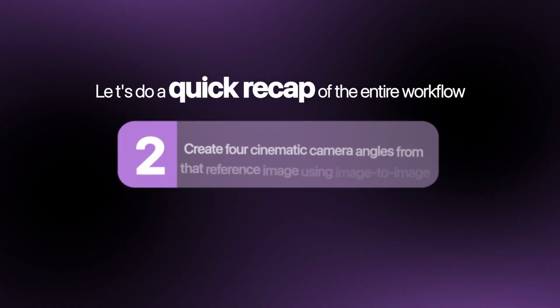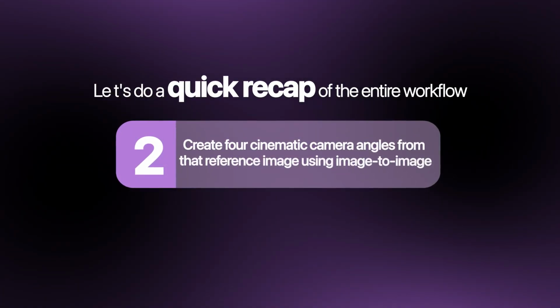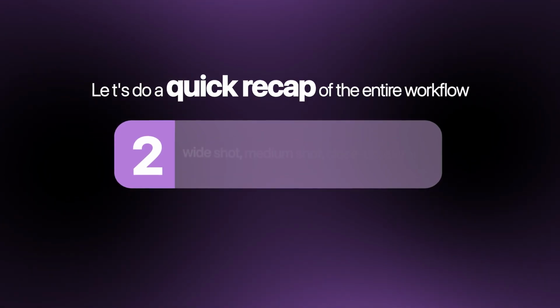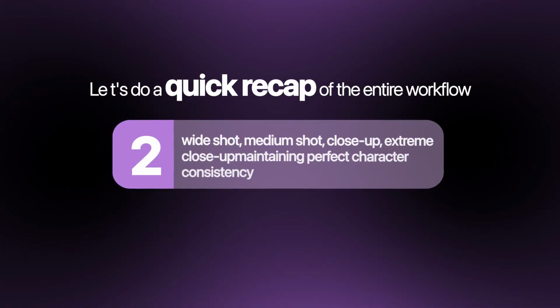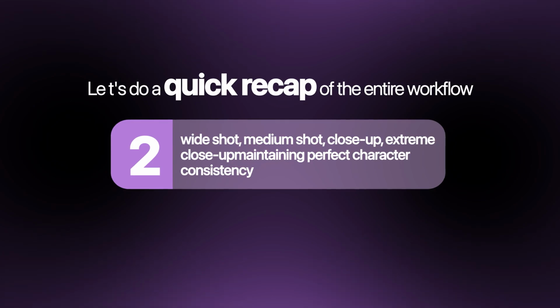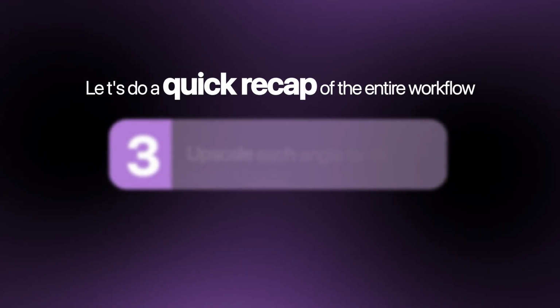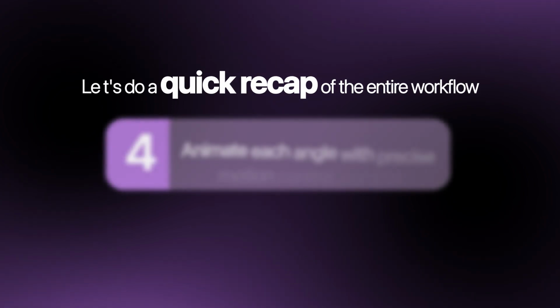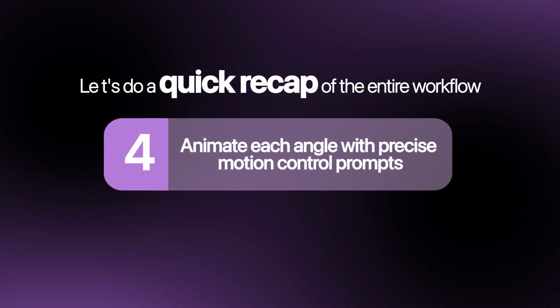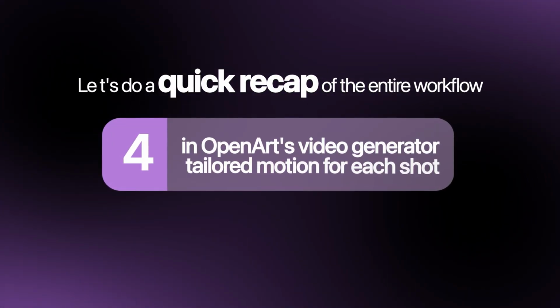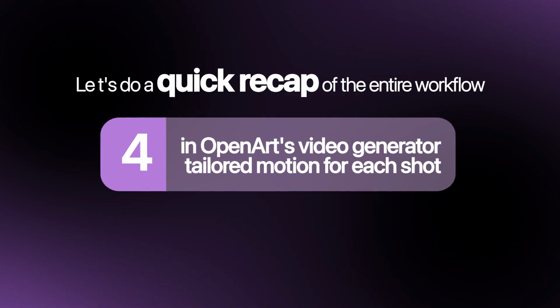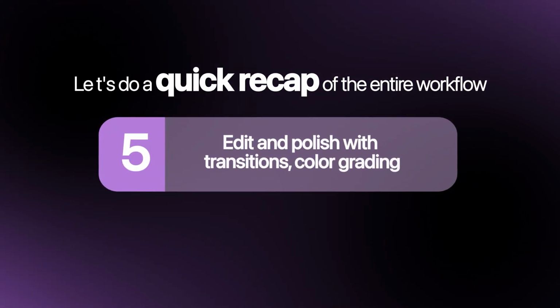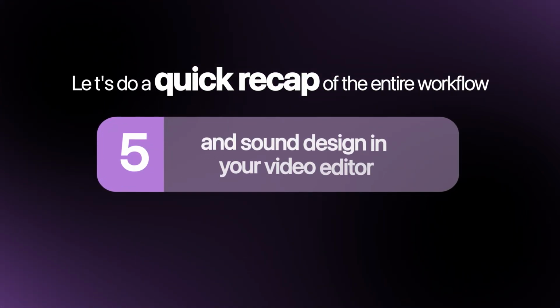Create 4 cinematic camera angles from that reference image using image to image: wide shot, medium shot, close-up, extreme close-up, maintaining perfect character consistency. Upscale each angle to 4K resolution for maximum quality. Animate each angle with precise motion control prompts in OpenArt's video generator. Tailored motion for each shot. Edit and polish with transitions, color grading and sound design in your video editor.